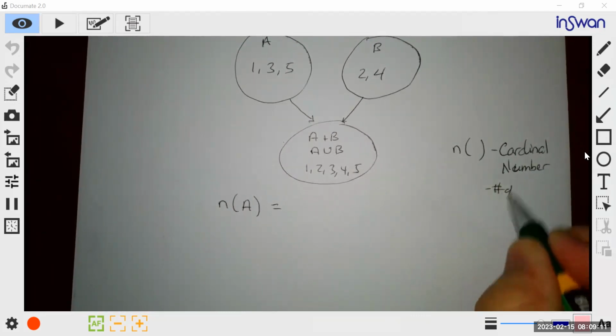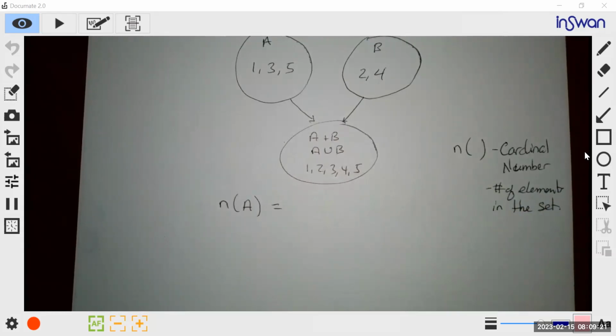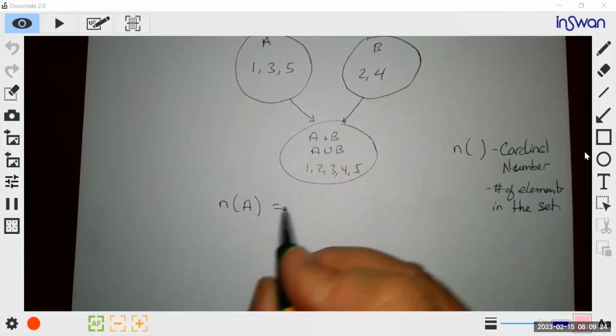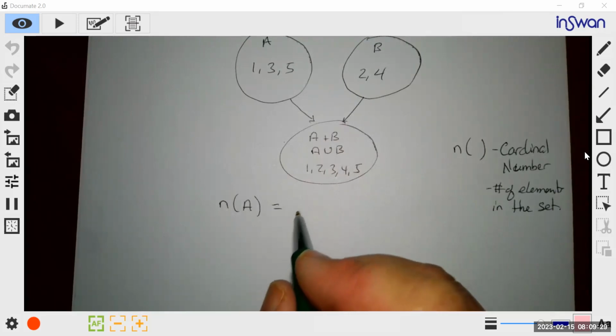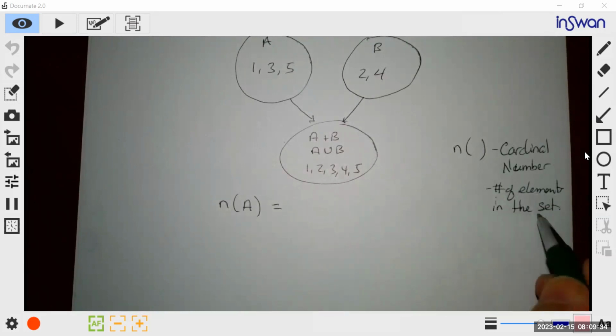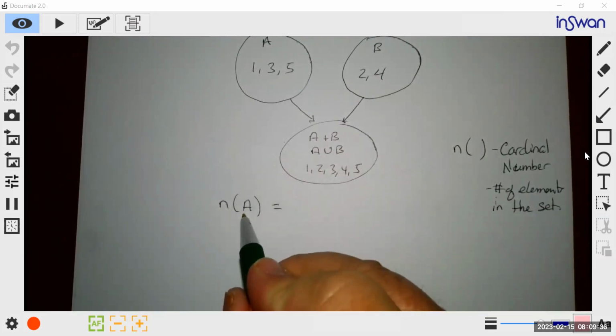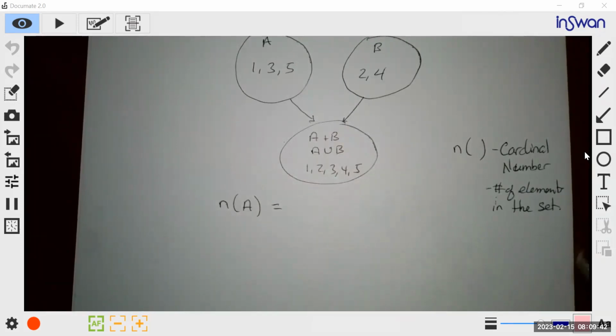The number of elements in the set. So what is the cardinal number of A? The number of elements. So it's 1 through 5. Yes, that's what set A is. But what's the cardinal number, the cardinality of it? The number of elements in the set.